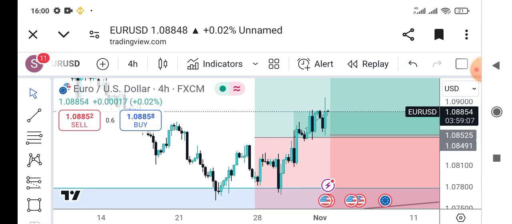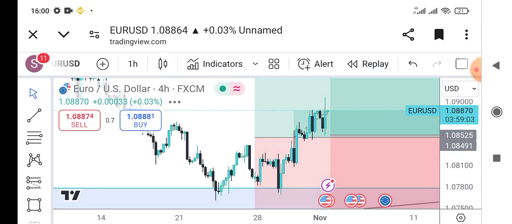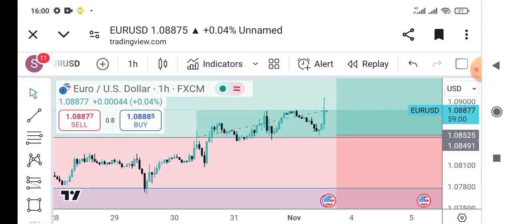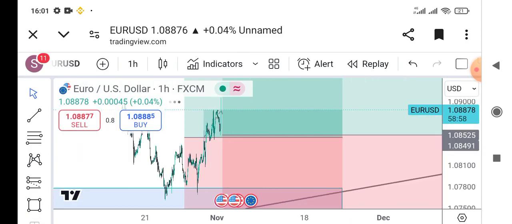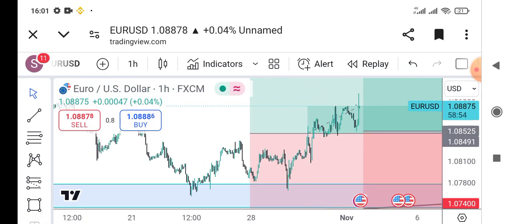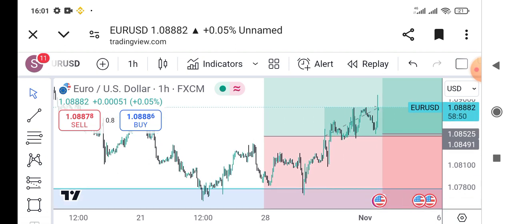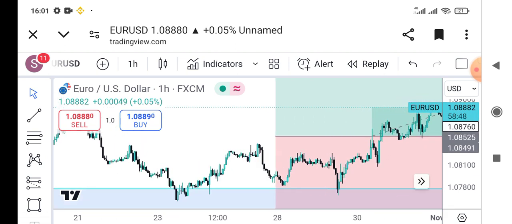So if we go to our week, now from 4 hour, we can go to our 1 hour chart. On our 1 hour chart, you need to be able to know the reaccumulation zone.